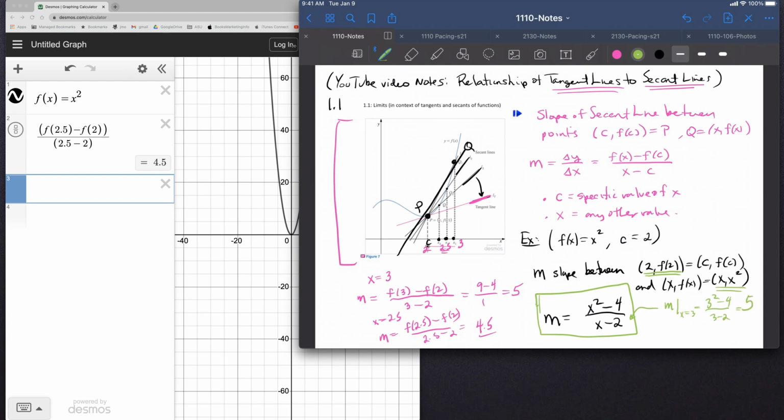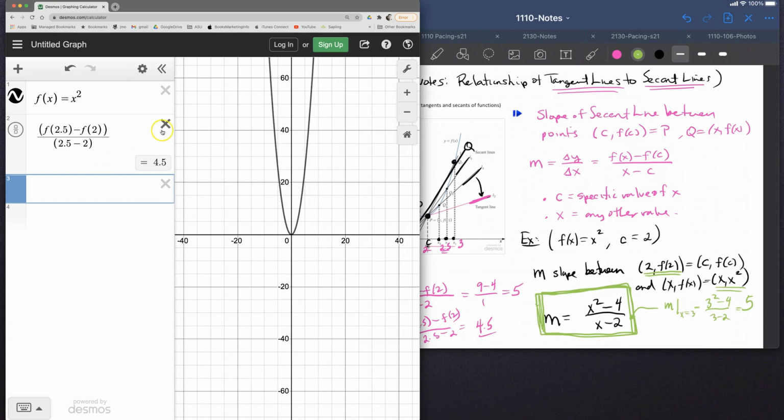If you have a slope of the secant line formula, you can put in any value of x that you want to get the slope of the secant line between those 2 points. So we're pretty comfortable with the secant line function and doing various secant line slopes. Let's take a look at Desmos, at what we have just done with that green formula here.